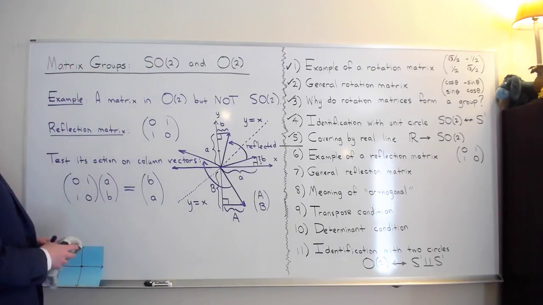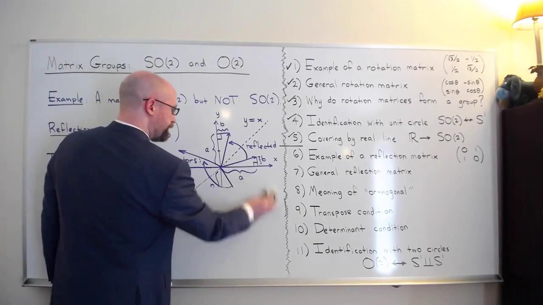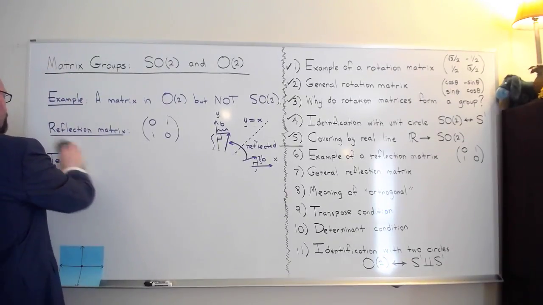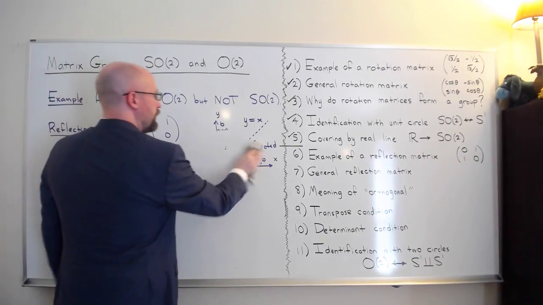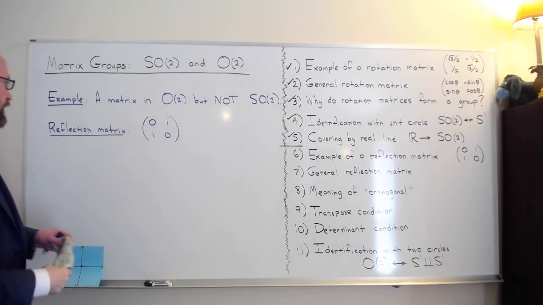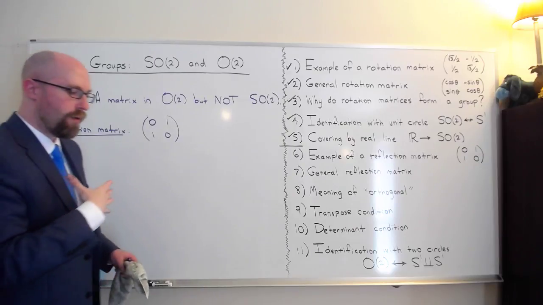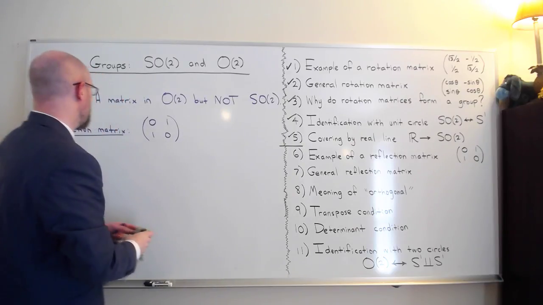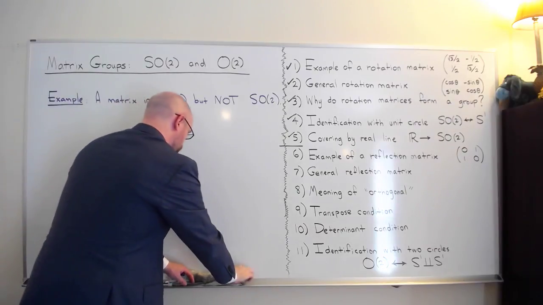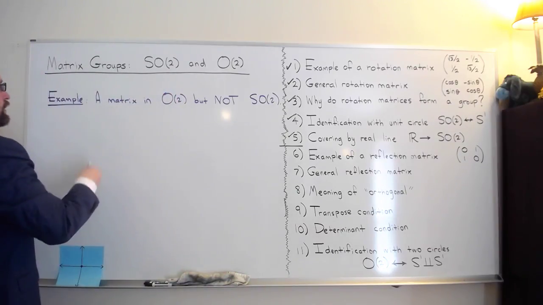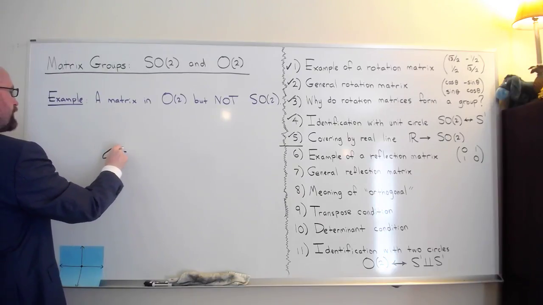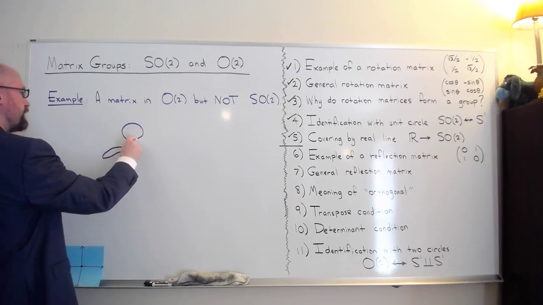Now, before I end this, I want to give you maybe a little bit of physical context, nothing scary from theoretical physics or anything, but just more thinking about what the idea of reflection accomplishes. So what I want to do is draw a person, and this is going to be a very poorly drawn person.